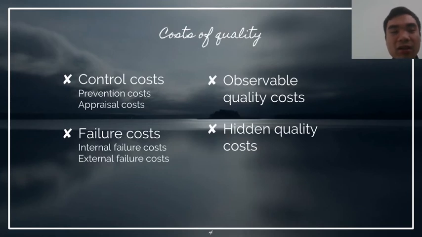Cost of quality is divided into two groups, that is, control costs and failure costs. These two groups are then divided further. Control costs have prevention costs and appraisal costs, while failure costs have internal failure costs and external failure costs.